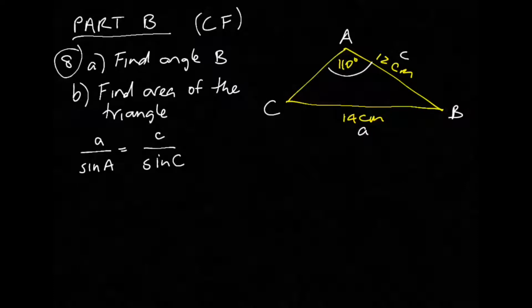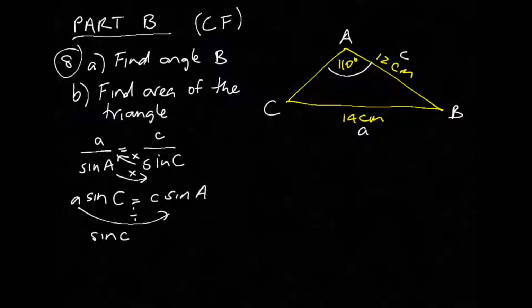So rearranging to get angle C on top, we'll bring this over to multiply, and we can bring that over that side to multiply. So a sine C equals c sine A. Bring that over to divide.